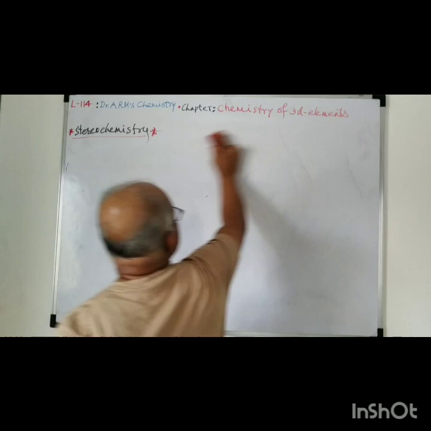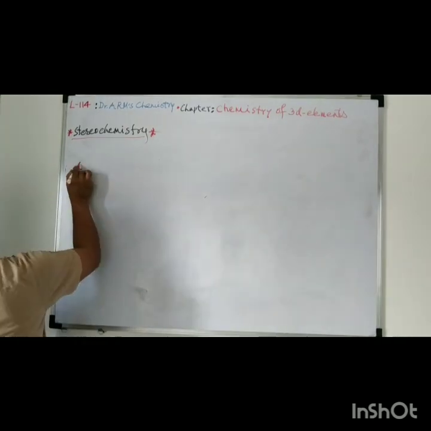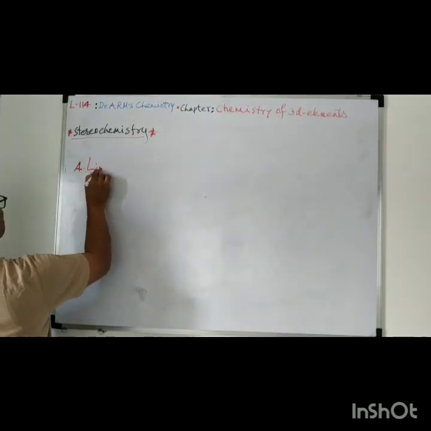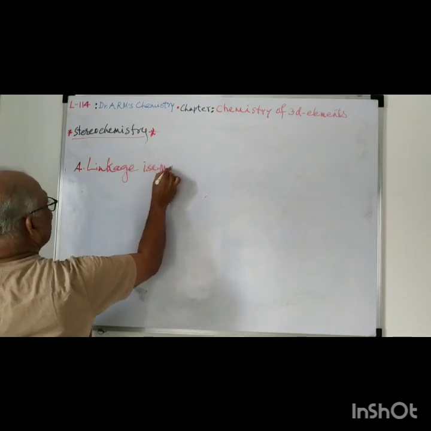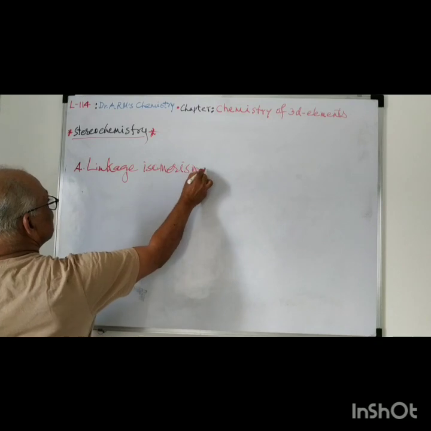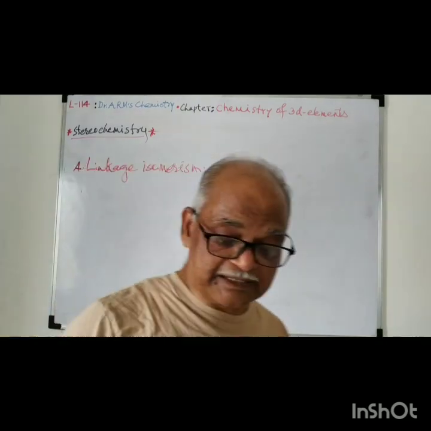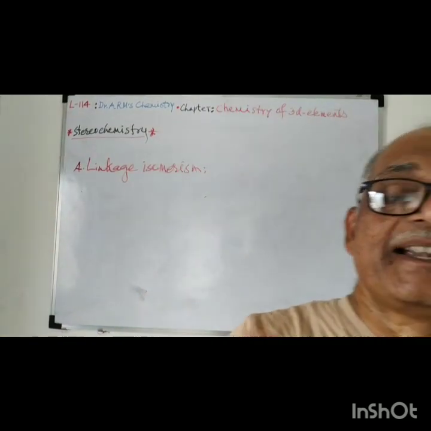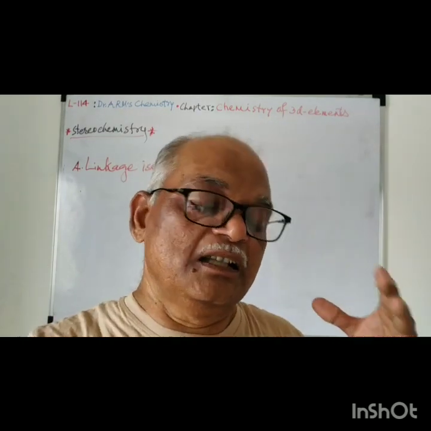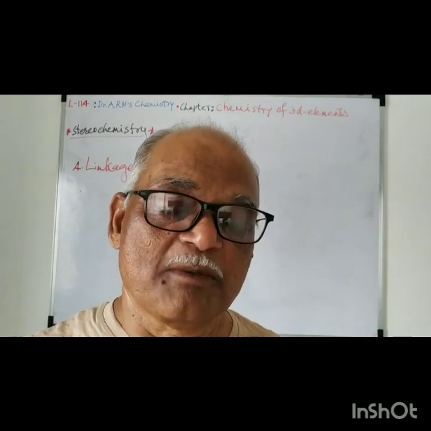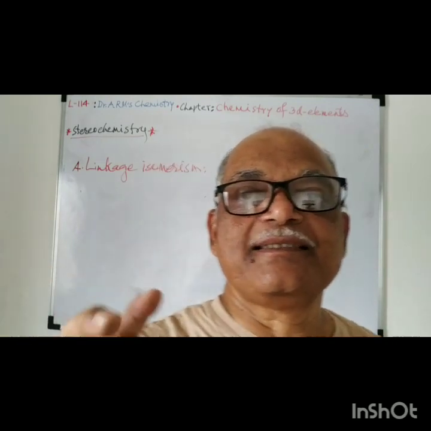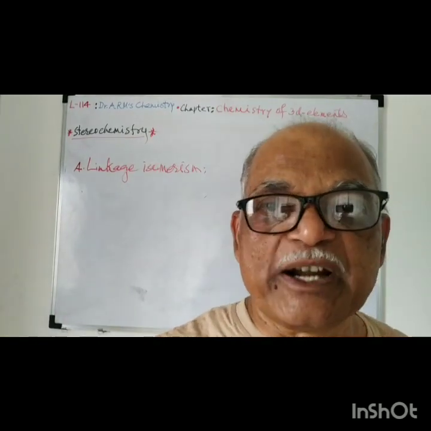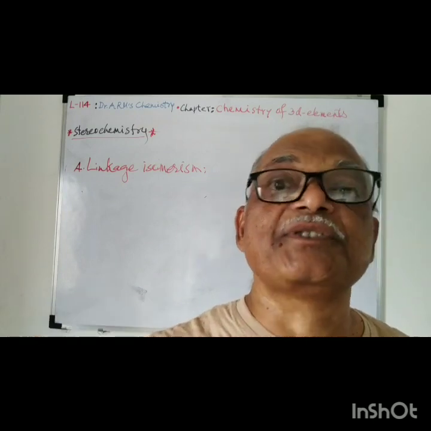that is linkage isomer. The fourth isomerism is linkage isomerism. In this case, you will find that the ligands in any given complex are the same, but the coordinating point of attachment of the ligand is different.